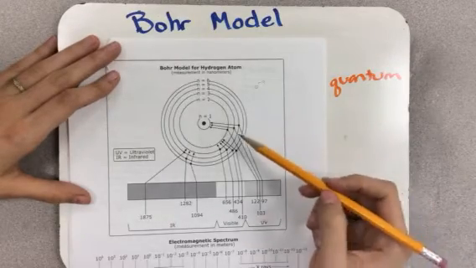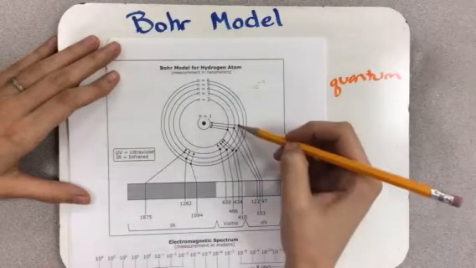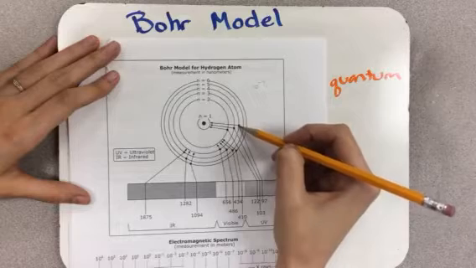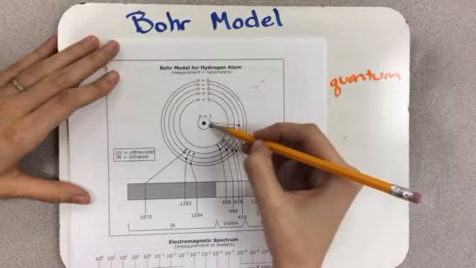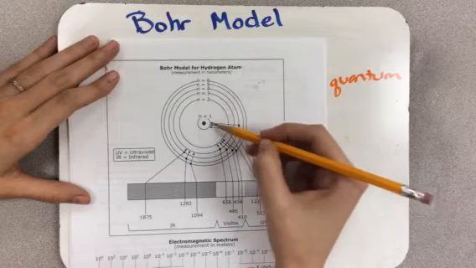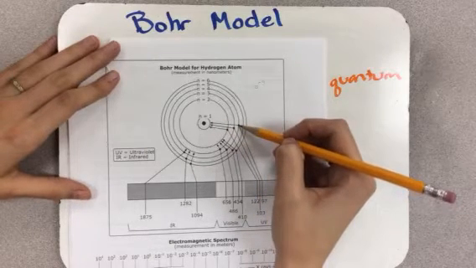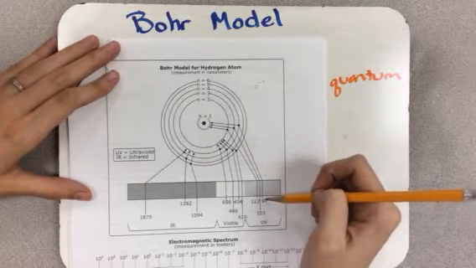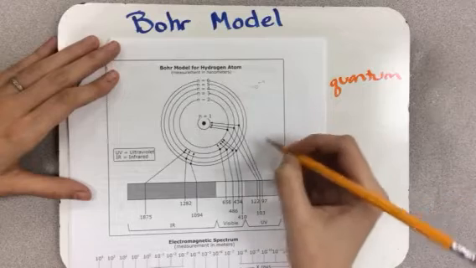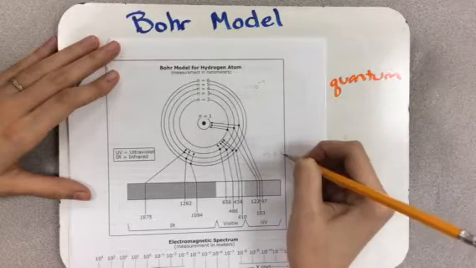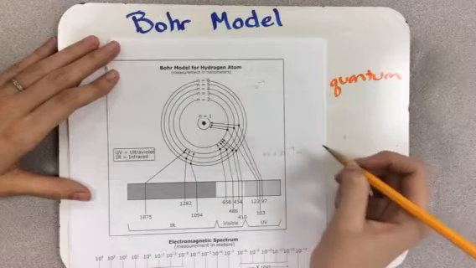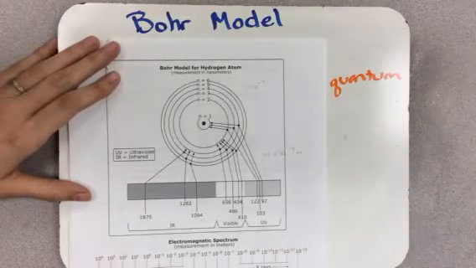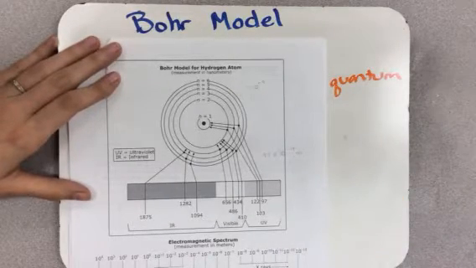If a very excited electron was at n equals 4 and dropped down to 1, so it dropped down 3 energy levels, it's going to emit light at a wavelength of 97 nanometers. Again, that's 97 times 10 to the negative 9th meters. You just want to be aware of that nanometers versus meters detail, otherwise your calculations might be wrong.